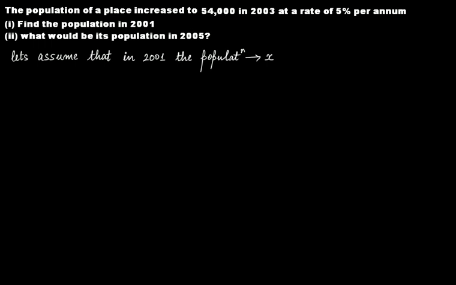So in 2003 the population is 54,000. Now if we take this value, think of this as the principal amount.